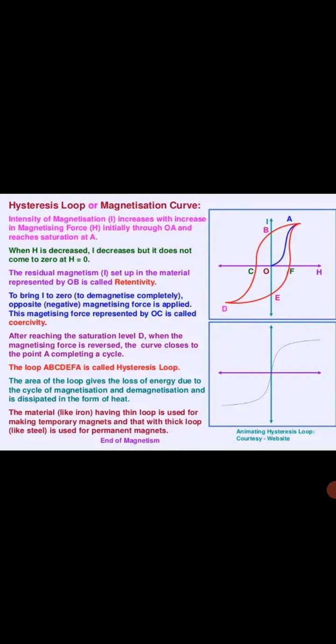OB is related to the finite value of I. OB represents retentivity, and the finite value of HOC for a substance is called the coercivity.